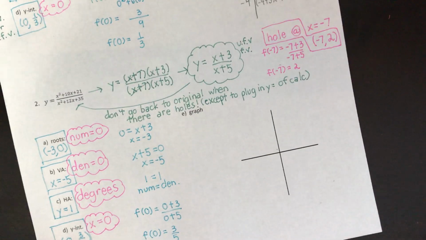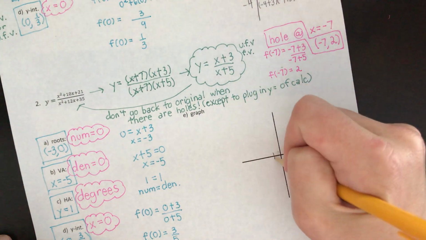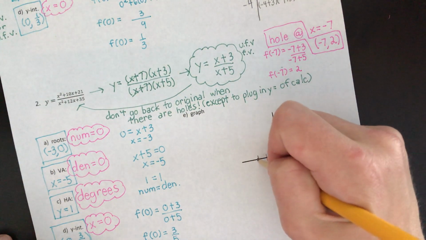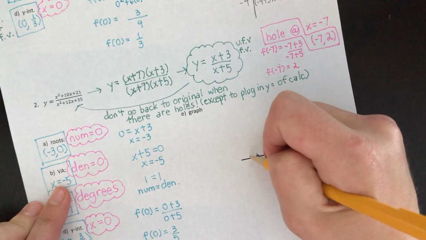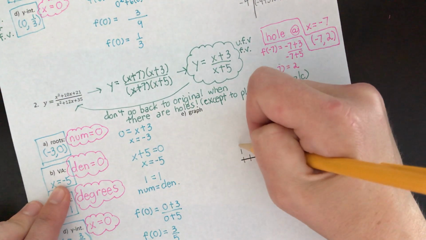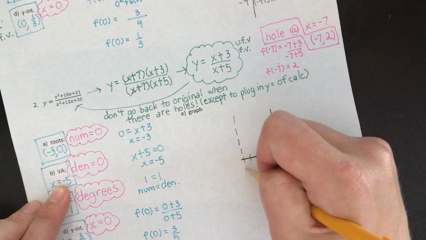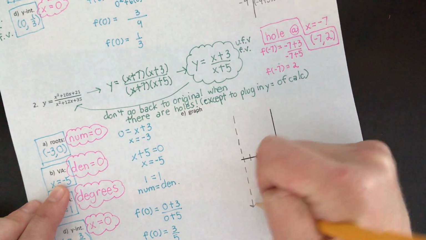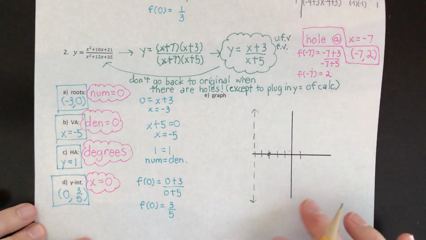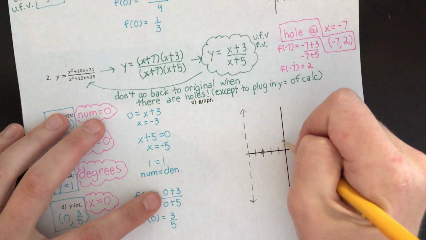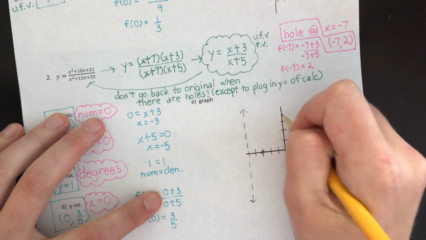Okay, so now let's start graphing. So I have a root. I actually have an x-intercept at negative 3, 0. I have a vertical asymptote at negative 5, x equals negative 5. Okay, and I have an HA at y equals 1.